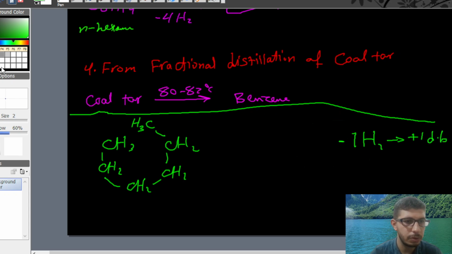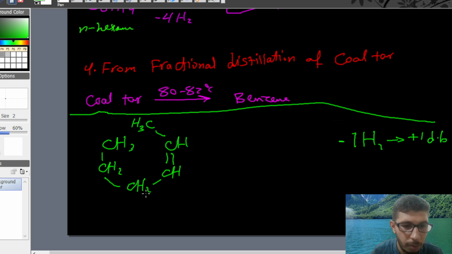Okay, so let's try it here. I will remove 2 hydrogens, one from here and one from there, and I will write a double bond instead. Okay, so this is the first one. So I formed the first double bond and I removed 1 mole of hydrogen.